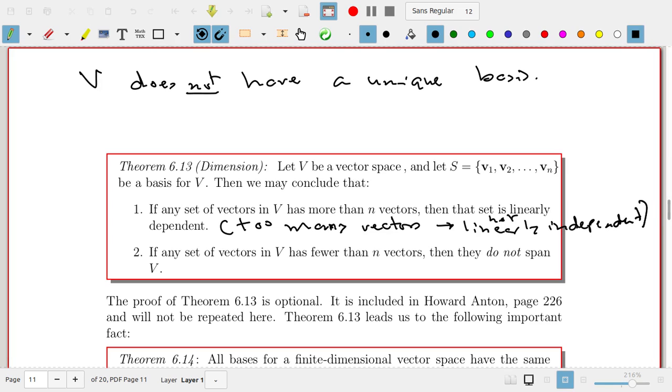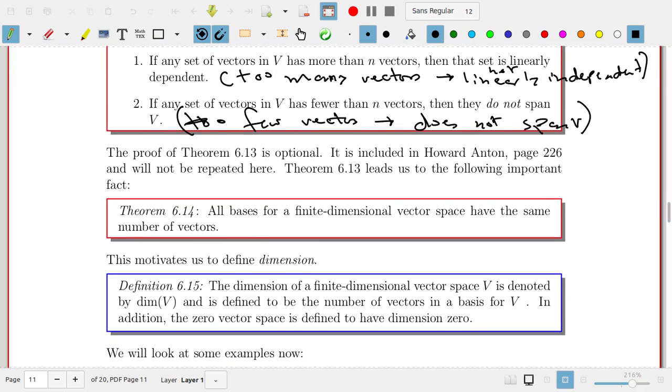If you have too few vectors, then they do not span V, so this is another problem. So you can have too many vectors or too few vectors. The proof of this theorem is long, and it is given in Howard Anton, so we'll skip the proof for now.